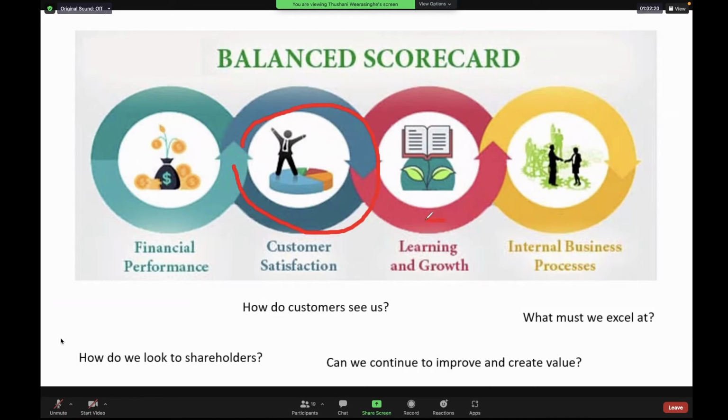Then learning and growth. Once you analyze the data and see what we are doing right now, whether the financial performance is all right and the customers are satisfied, then based on that we need to improve our performance.